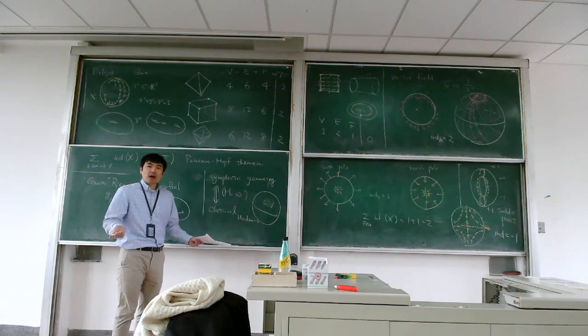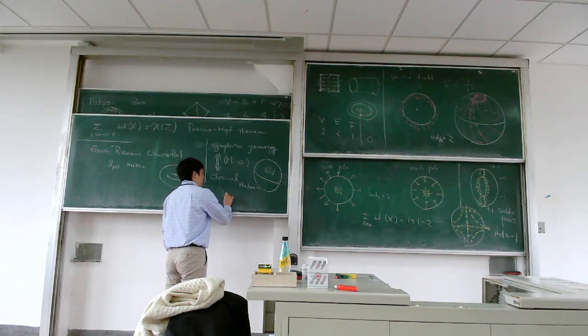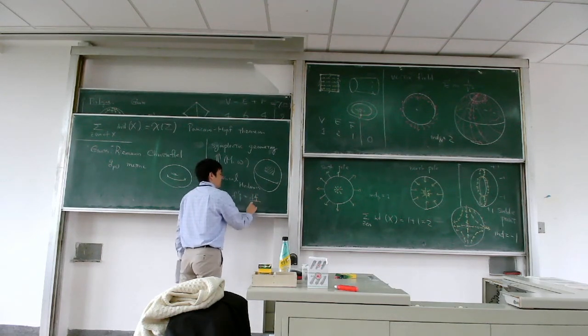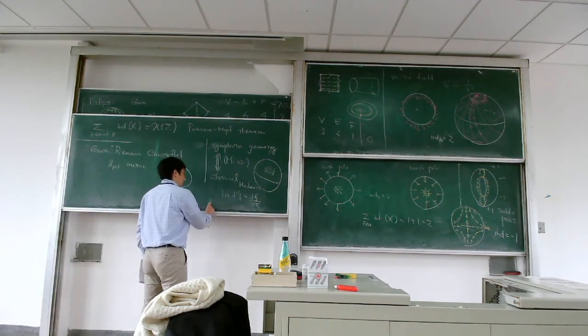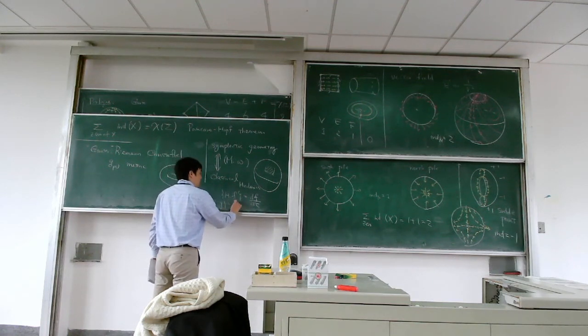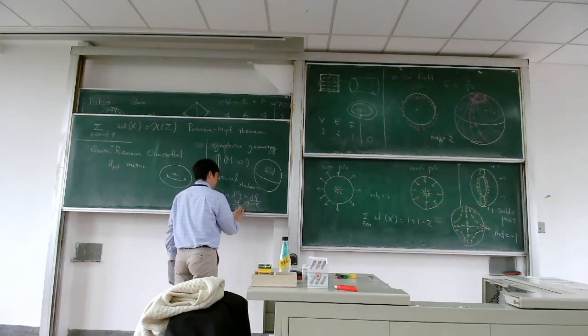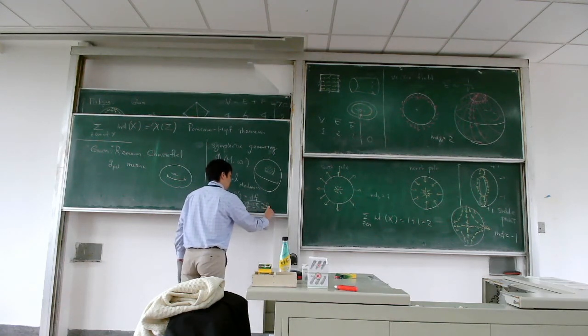You have a Poisson bracket of F and G, which you might have learned in classical mechanics.